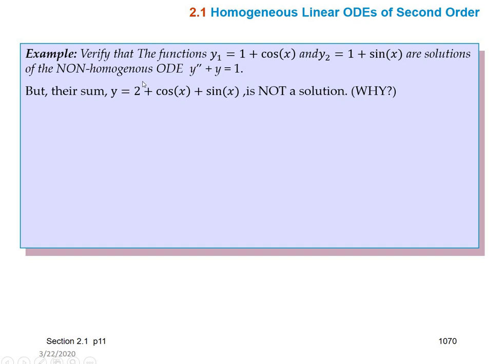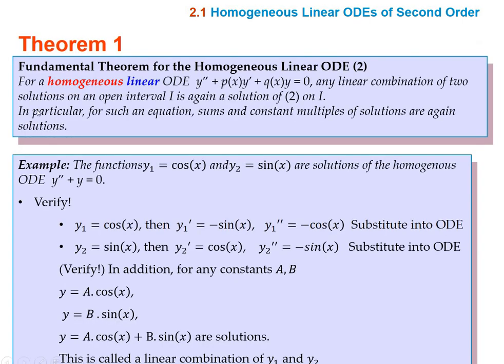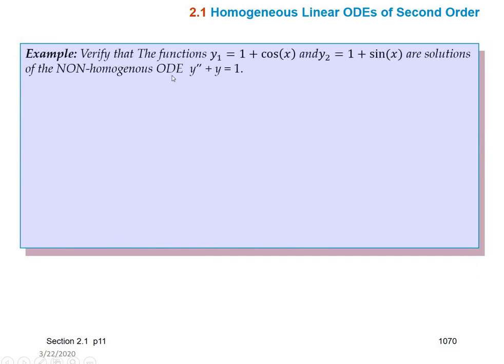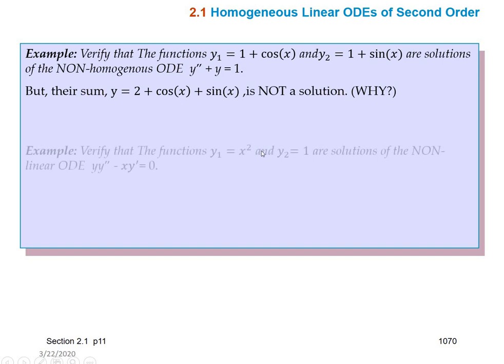But I want to remind you about the two highlighted things, homogeneous and linear. If you look at this equation, it is non-homogeneous. So the reason why this sum is not a solution is because my given equation is non-homogeneous. Now the same case for a non-linear ODE.